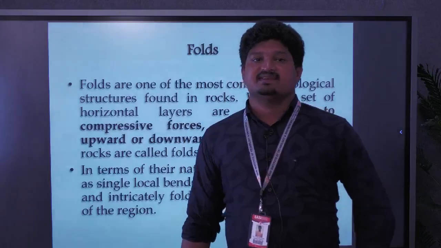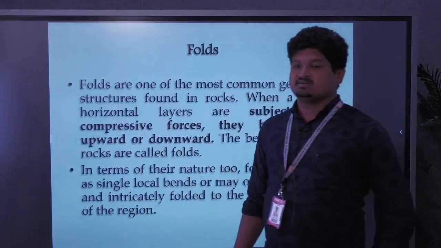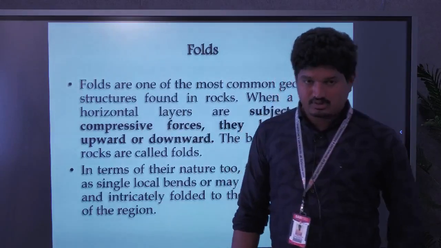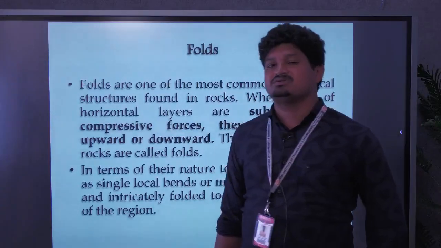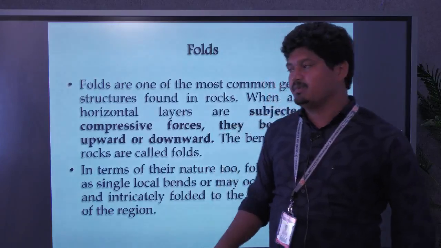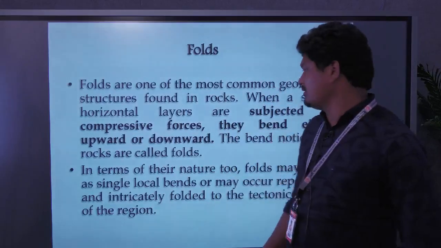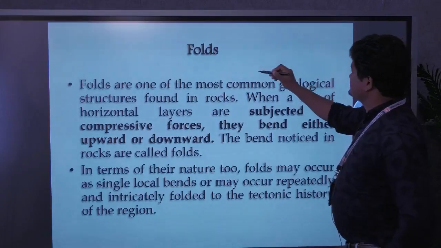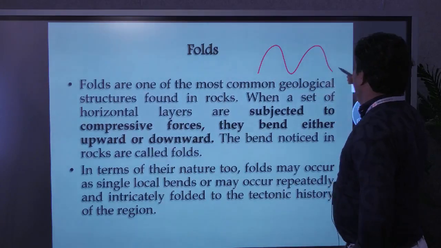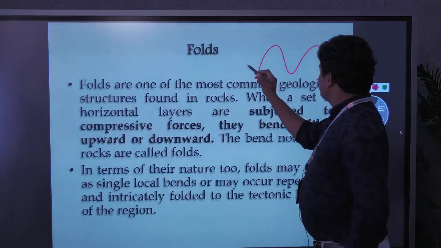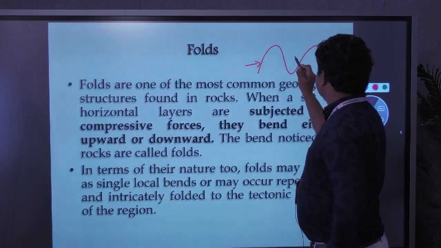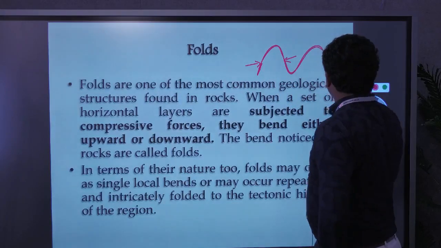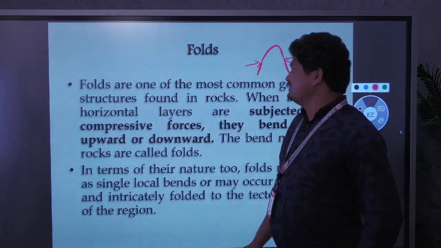Now coming to secondary structures, one of the main topics is the fold. So what is a fold? A fold is an undulation of rock strata. When the rock is bent upward or downward, it is called a fold. Due to compressional forces, the rock will be bent, which is an undulation of rock strata.